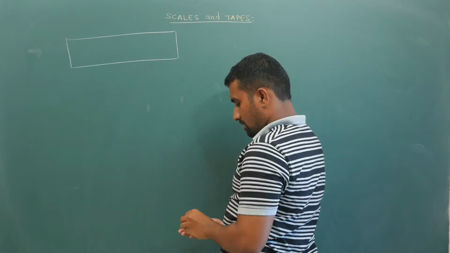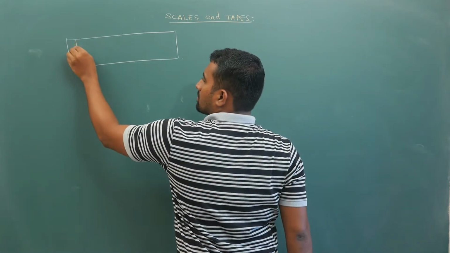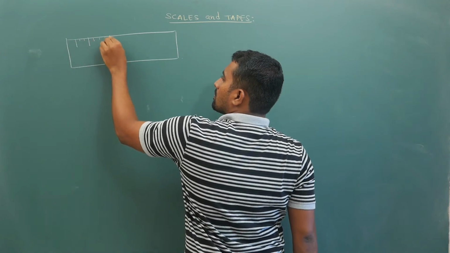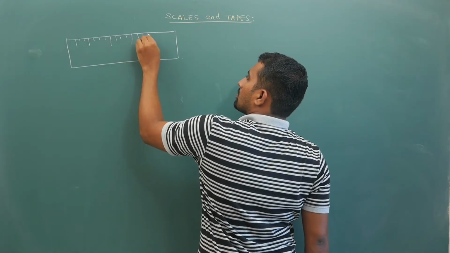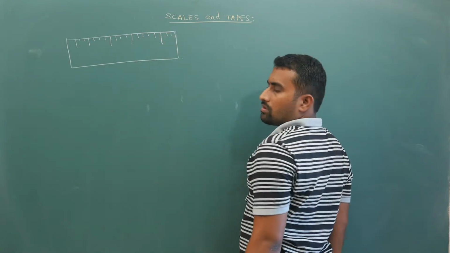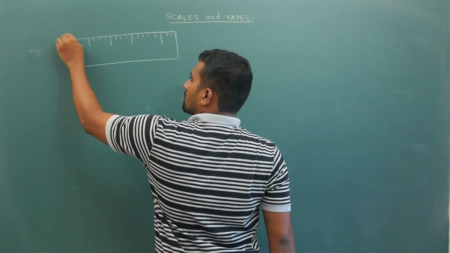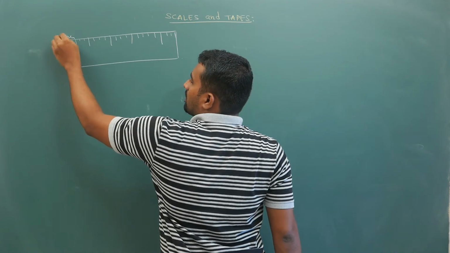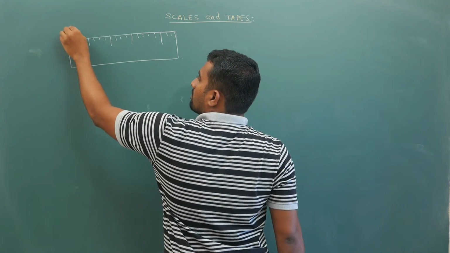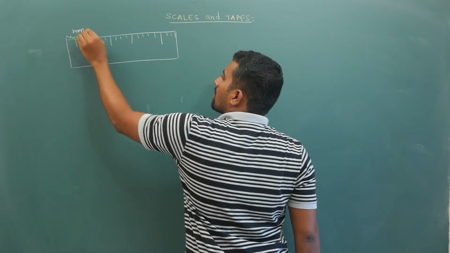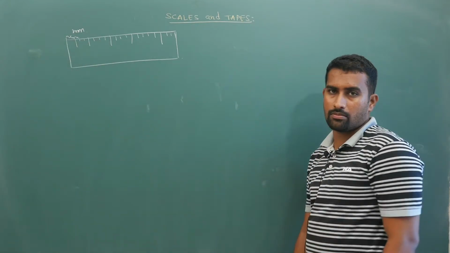Now let us say you have a scale like this. Between two divisions a normal scale will show 1 mm.